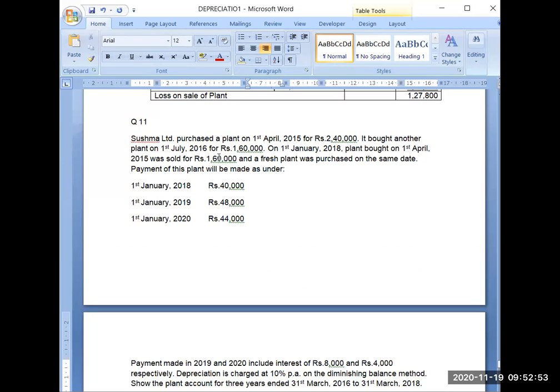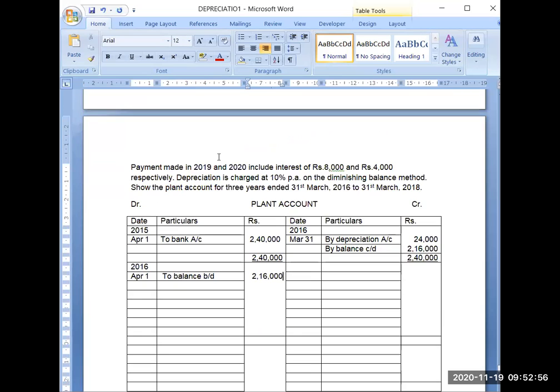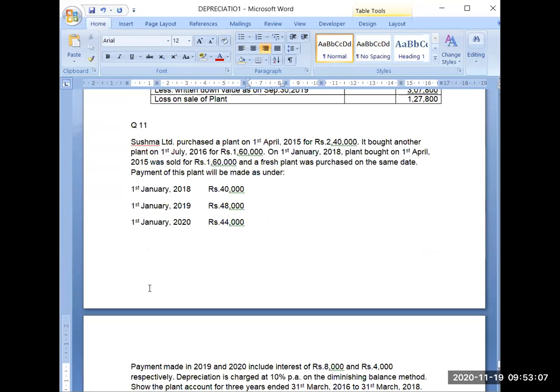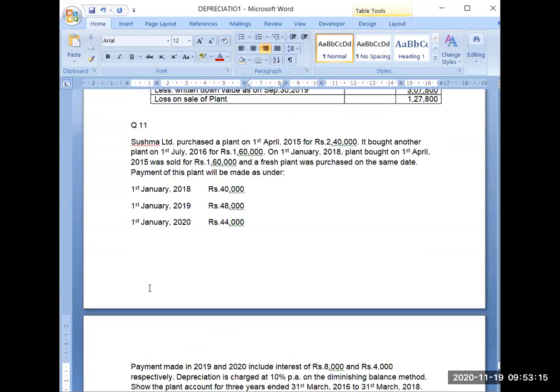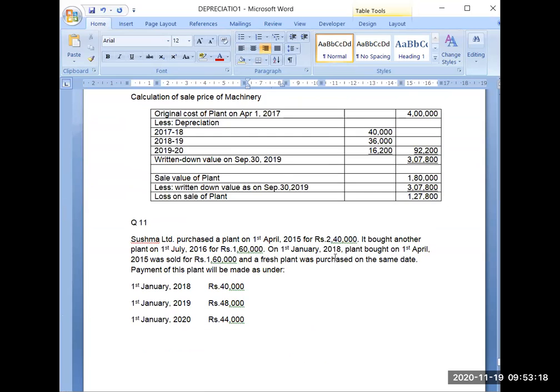So on 1st July 16, you have purchased another plant for 1,60,000. To bank account 1,60,000. Then on 1st January 18, so 1st January 18 will be in the next financial year. So this transaction will be recorded in that year only.